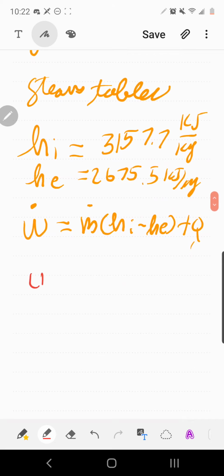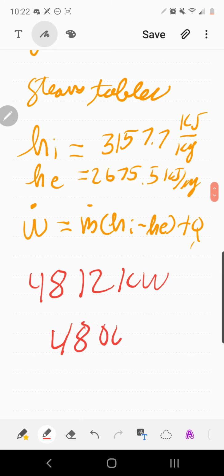So our answer is 4,812 kilowatts, which is most closely representative of 4,800 kilowatts, which is answer choice C. Again, a lot of C's this time.